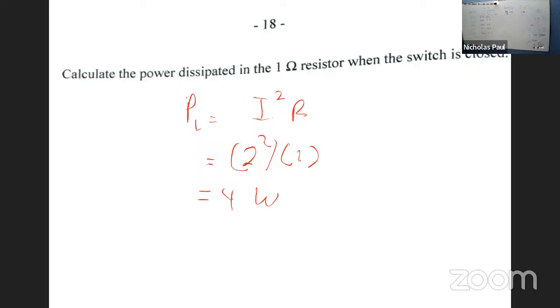The question said when the switch is closed, so we have to use the current value when it was closed. So that's 4 watts. Are you okay with that?